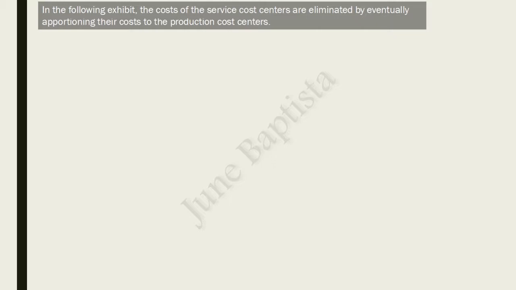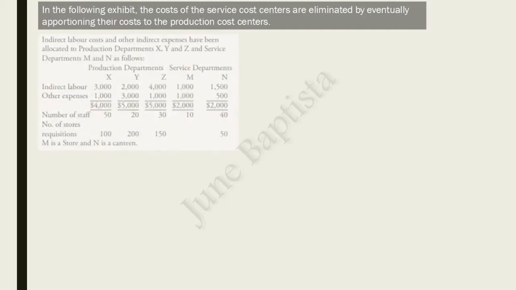In the following exhibit, the costs of the service cost centers are eliminated by eventually apportioning their costs to the production cost centers. There are two service cost centers, and hence they are reciprocal service cost centers. Let us look at the information given.